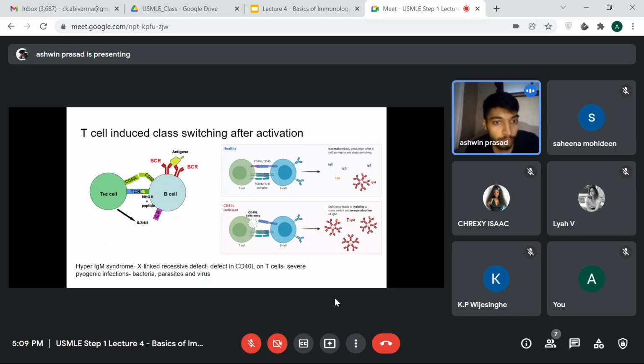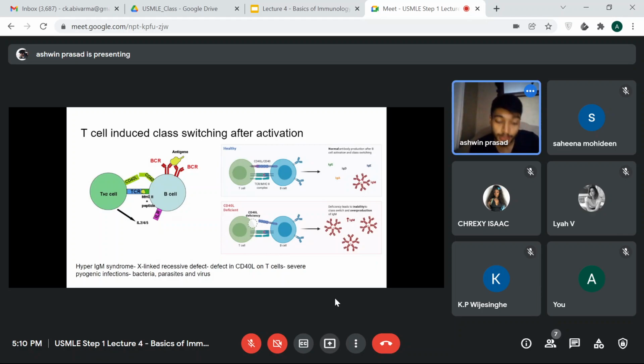Just because CD40 ligand is not there, the B cells are not able to convert to any other type of immunoglobulin. The only type of immunoglobulin that they can secrete is what they're born with, this IgM. So IgM cannot fight a lot of other infections that require IgE or IgG or IgD, the different kinds of immunoglobulins that are required to fight certain types, like say parasites or bacteria with capsules that require you to have IgG.